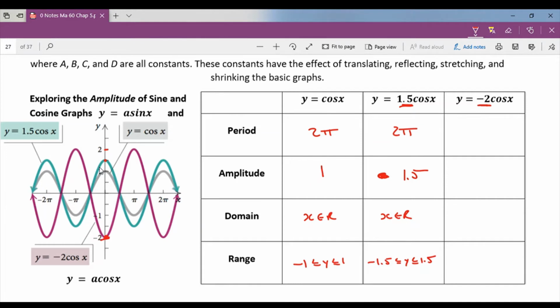Your period is still 2 pi. Your amplitude is 2. It doesn't matter that it started down at -2. What matters is that it has 2 units from your center line. Your domain is still all real numbers, and your range is going to go from -2 to 2.